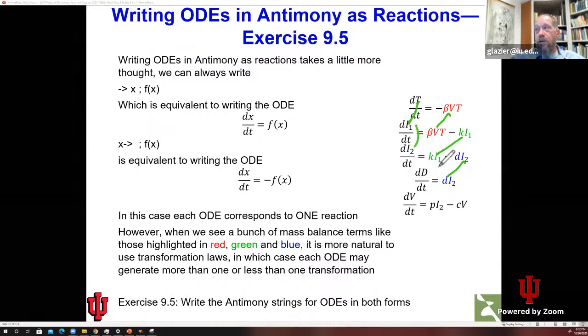This means you have an arrow going from I1 to I2 and an arrow going from I2 to D. Again, there's nothing wrong with breaking it up and writing more ODE fragments if you want, but it's more antimony-like to try to write transformations in balance form. Okay, so why don't people do that one?